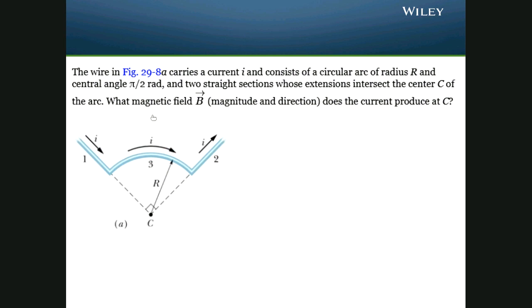The wire carries a current I and consists of a circular arc of radius r and a central angle of pi over 2, and two straight sections whose extensions intersect at this point C. We want to find the magnetic field magnitude and direction the current produces, in terms of our current I and our radius r.